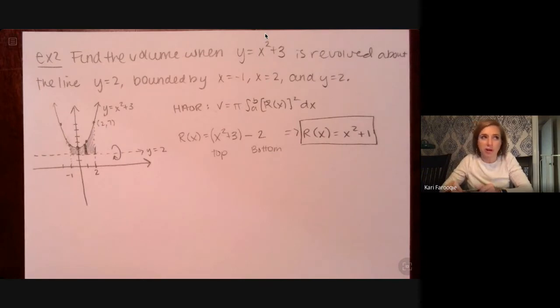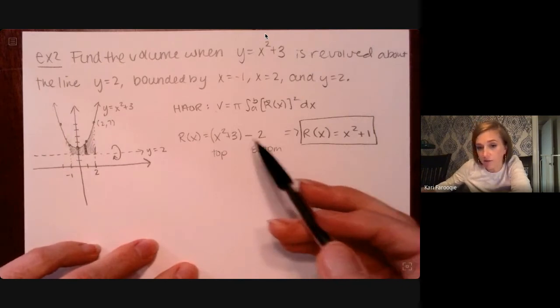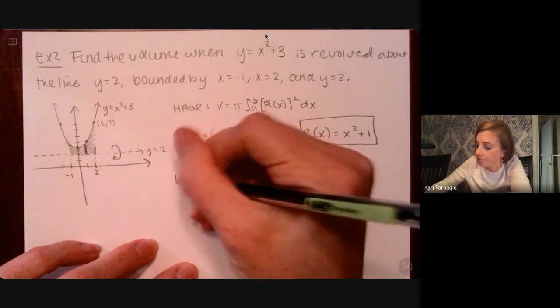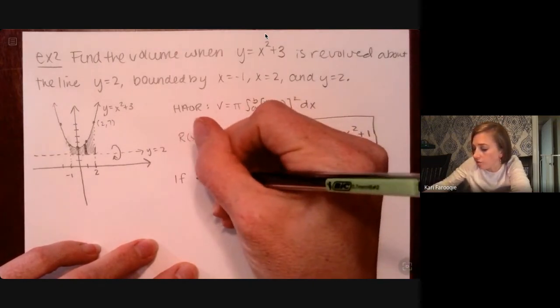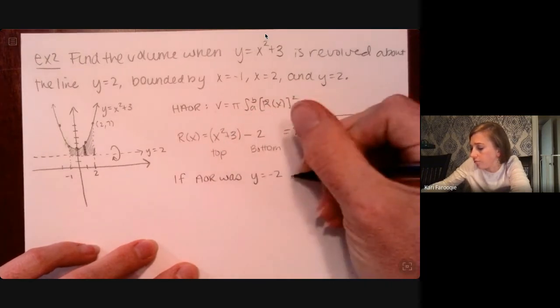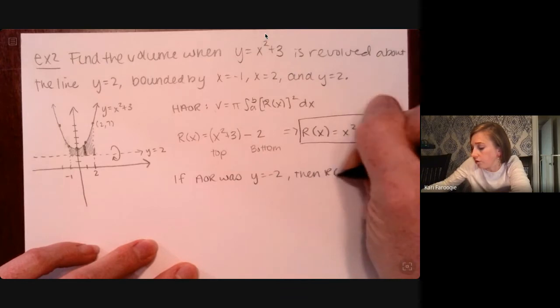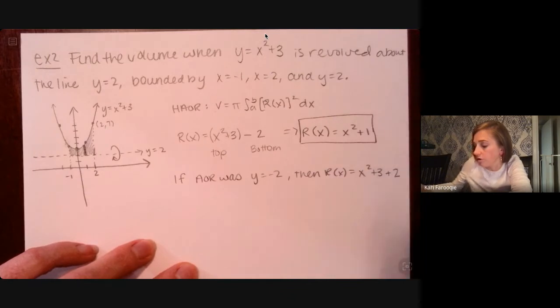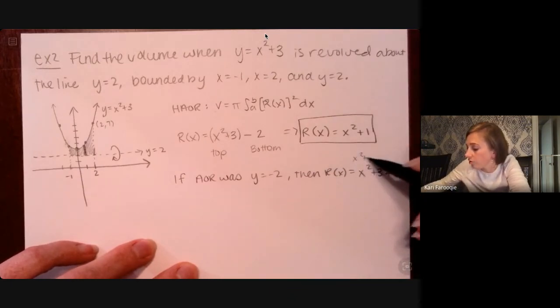Some of you might be wondering, well, what if the axis of revolution was y equals -2? You would do the same thing. It's just that in that case, you would be taking minus -2 and you'd actually be adding 2 to the function. I'm even going to write this down. If the axis of revolution was y equals -2, then you would have r of x equals x squared plus 3 plus 2, which is x squared plus 3 minus -2.